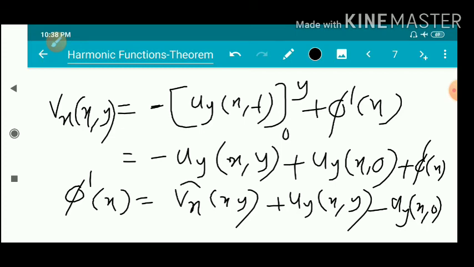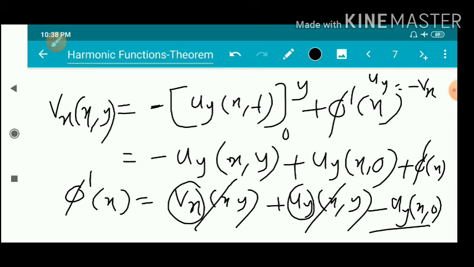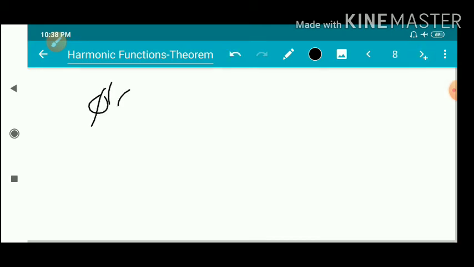Here we have vx and uy. We know that uy equal to minus vx, therefore these two terms are cancelled, so we get phi dash of x equal to minus uy of x0.